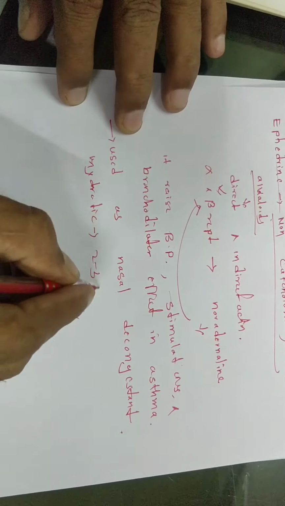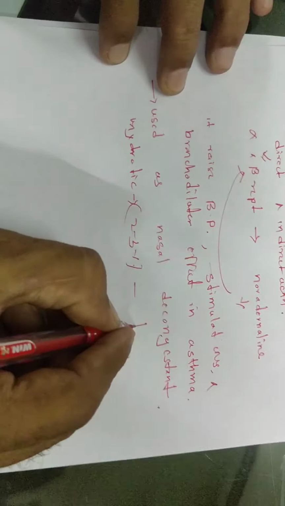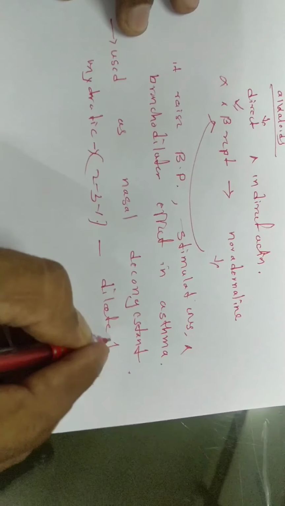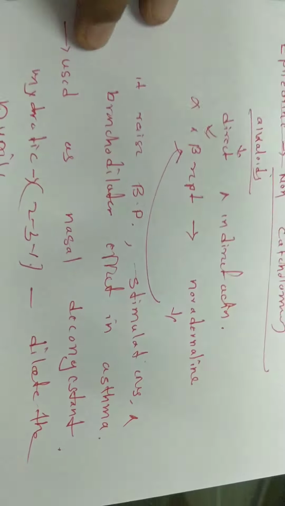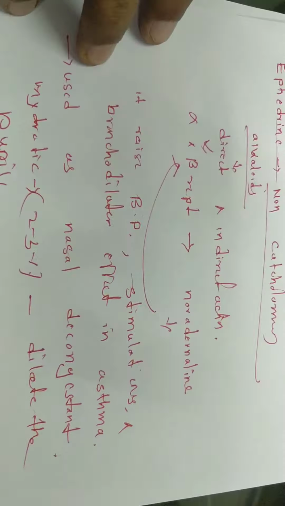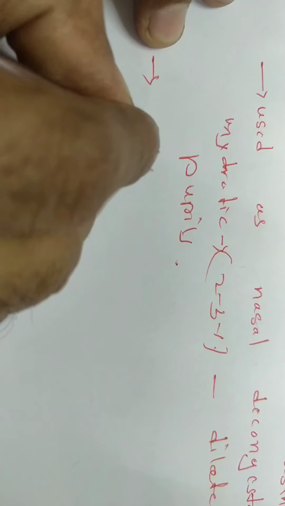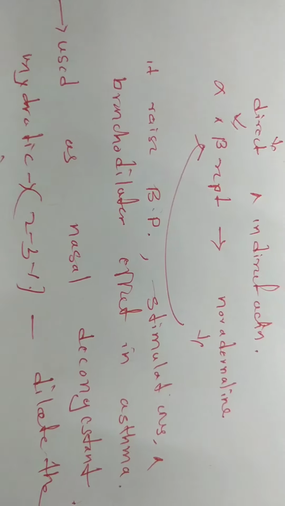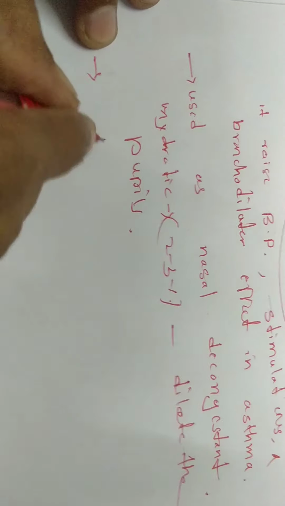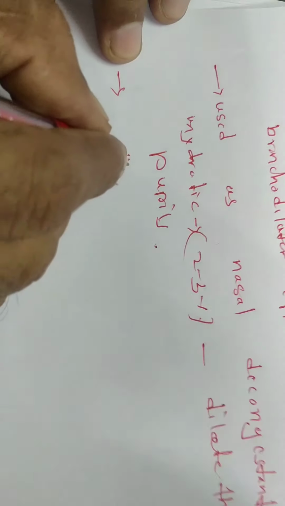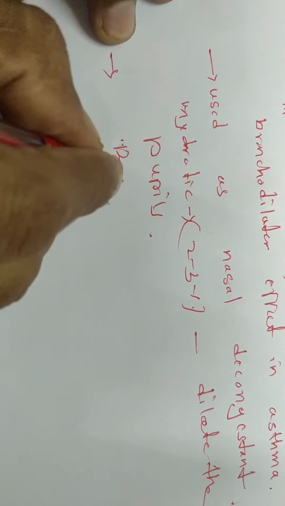By 2 to 3% solution, it dilates the pupils. It is extensively used in treatment of asthma. It is commonly, extensively used in bronchial asthma.